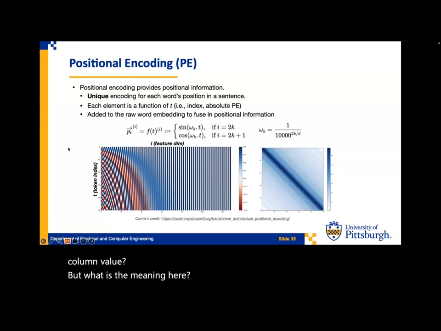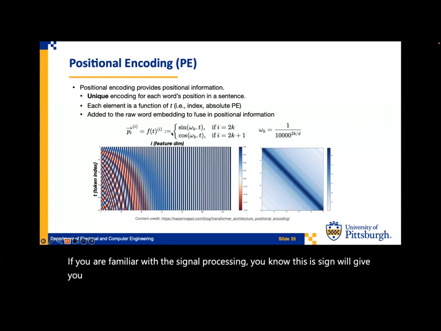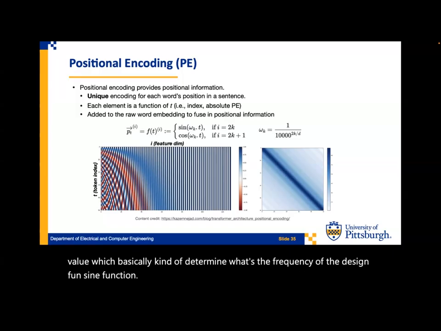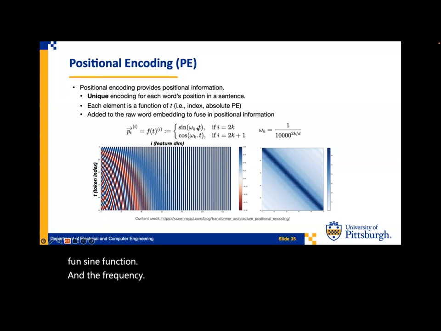If you are familiar with signal processing, this sine will give you a sine function, and the w essentially determines the angular value, which determines the frequency of this sine function. And the frequency, as well as the t, the time, uniquely determines a value in the sine function. Let me see if I can.